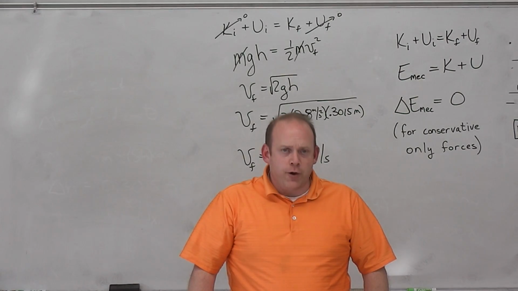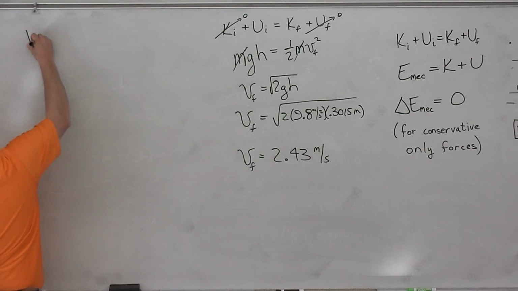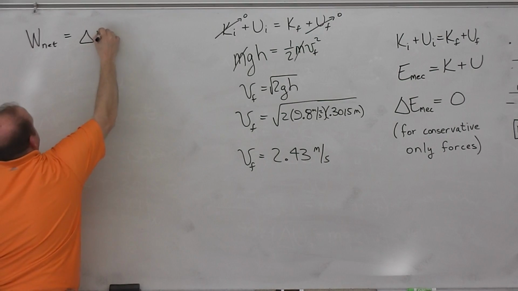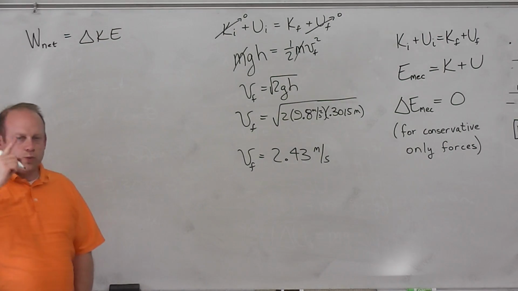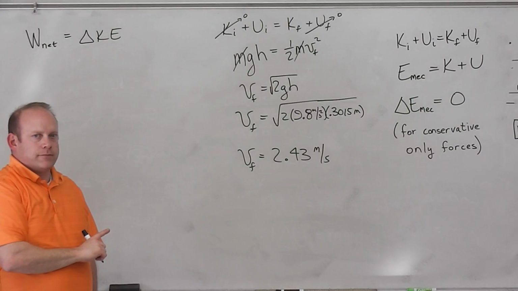Okay, so you don't look at necessarily the net work, where we said that before. The net work was equal to the change in kinetic energy. This is always true. That always works. There's nothing wrong with that. But we've got some shortcuts that we can do.